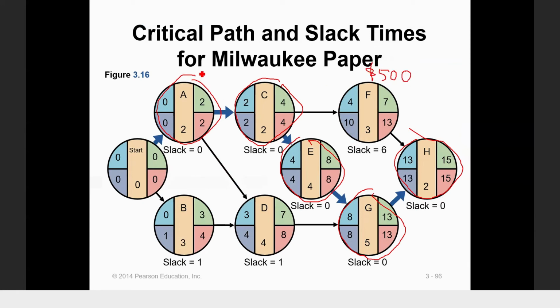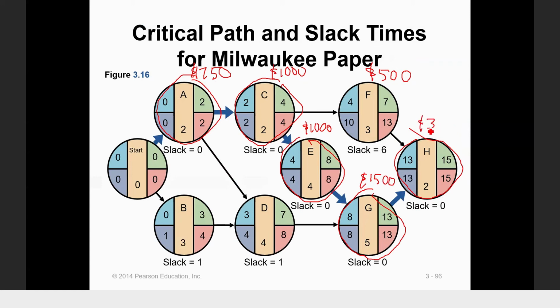So A was 750, right? What is C? Can someone read for me the cost for C? 1,000. About E? Also 1,000. G? 1,500. Okay, about H? 3,000.